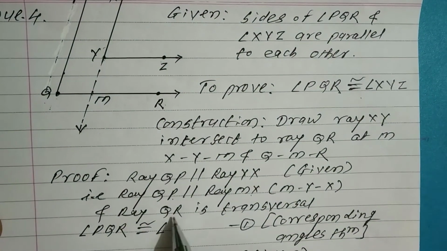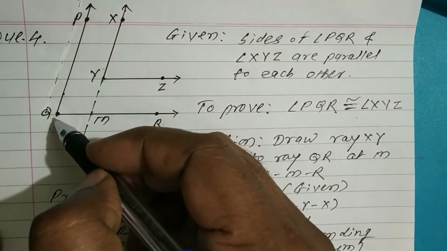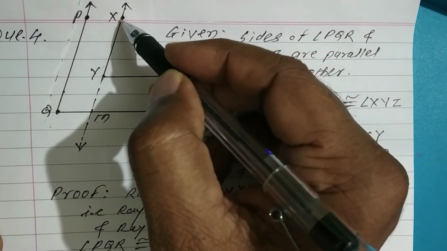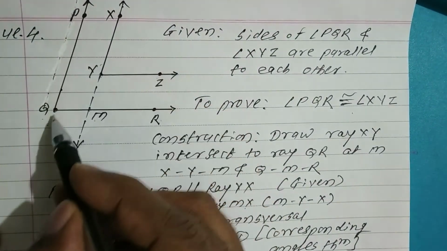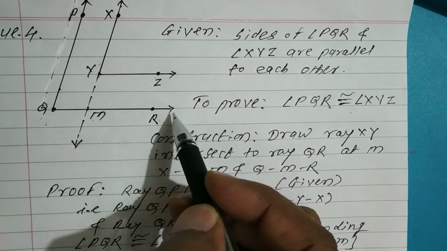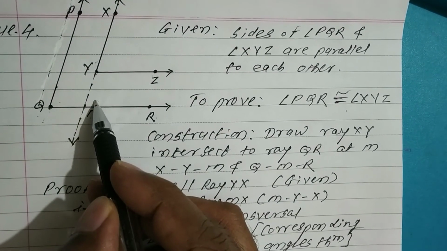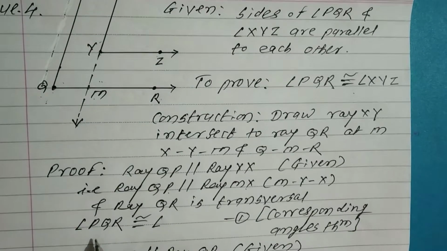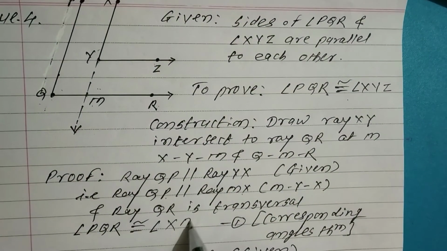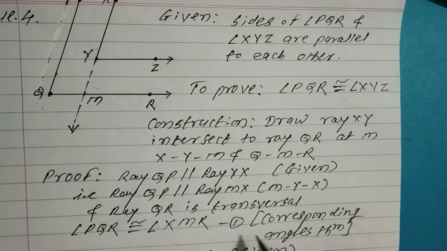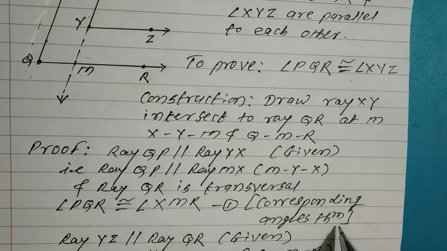Hence I write ray QR is a transversal. Then angle PQR and angle XMR are the corresponding angles, and these corresponding angles are congruent. Hence I write here angle PQR congruent to angle XMR. Equation first, corresponding angle theorem.